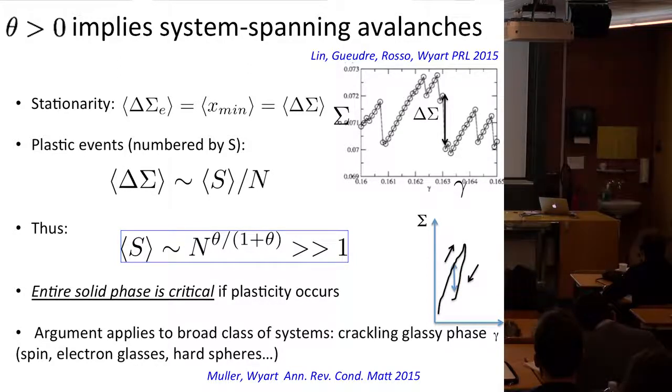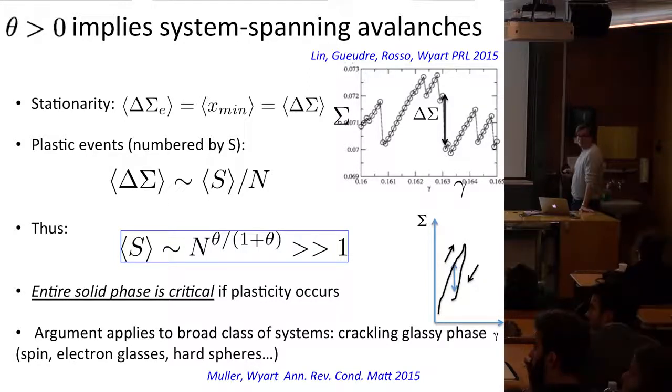So the drop is the number of events in an avalanche divided by n. But because how much you drop must be how much you go up on average, and how much you go up is much larger than 1 over n, it means that S is much larger than 1. In fact, if you work it out, it has to be n to the power of theta.